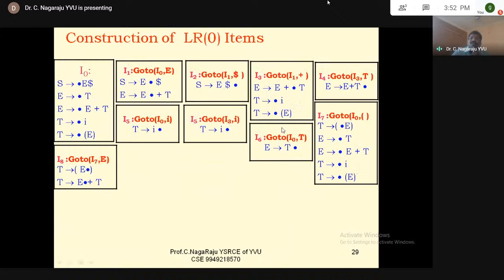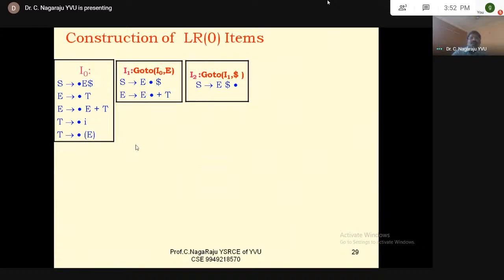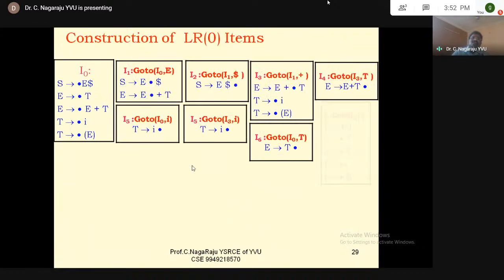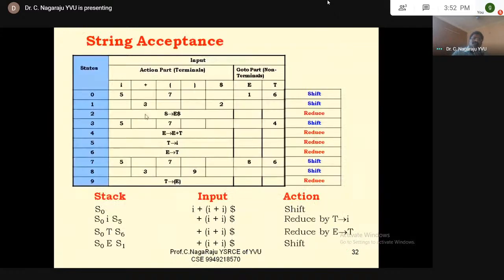We have 9 states, that is 0 to 8, which means 9 states. And here also you can see 9 states, yes, right? That is the 0, 1 up to 8 states, and the last one we have given is state 9. Suppose 0 to 9 states means 10 states are there.